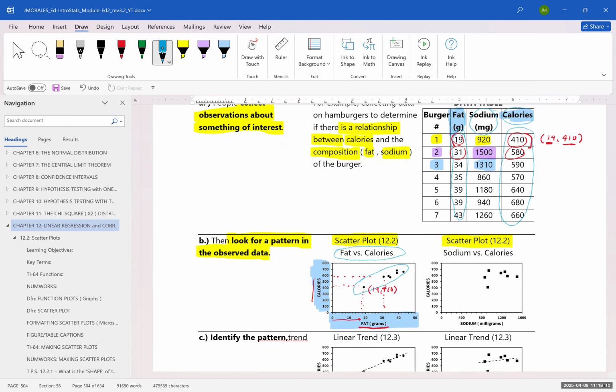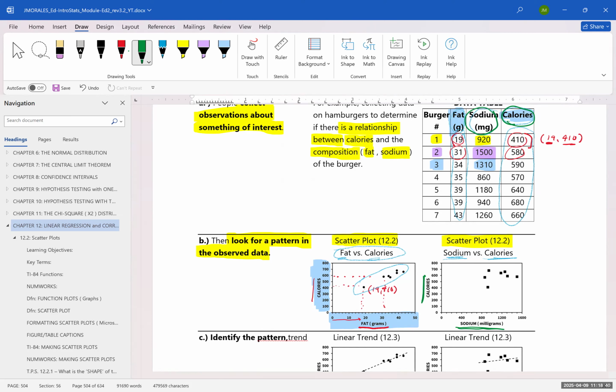Now we can compose a second scatter plot, but not of fat versus calories, but of sodium versus calories. So now we want to put sodium on the horizontal axis and look at sodium versus calories.